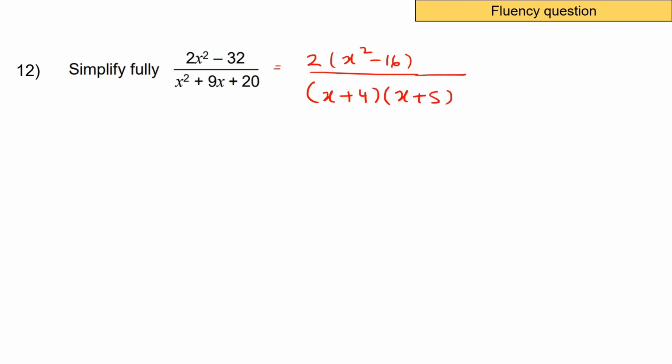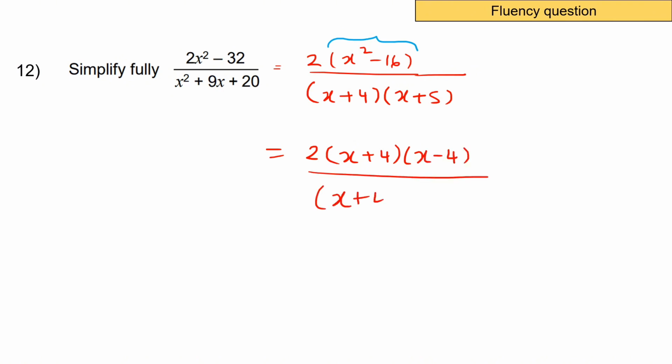There isn't anything that I can simplify at the moment, but I can see there's a difference of 2 squares, so I can write this down as x plus 4, x minus 4 divided by x plus 4, x plus 5.